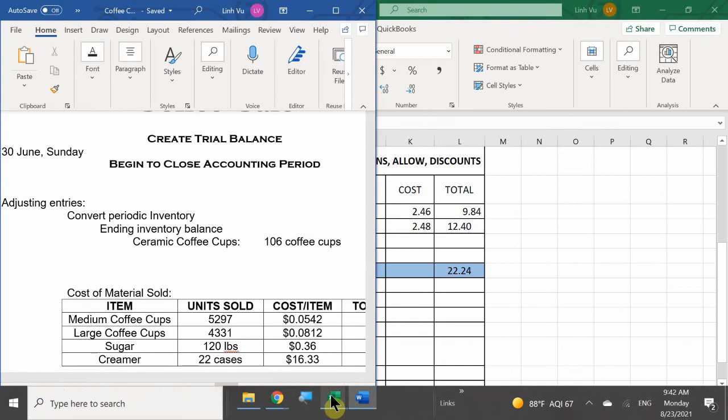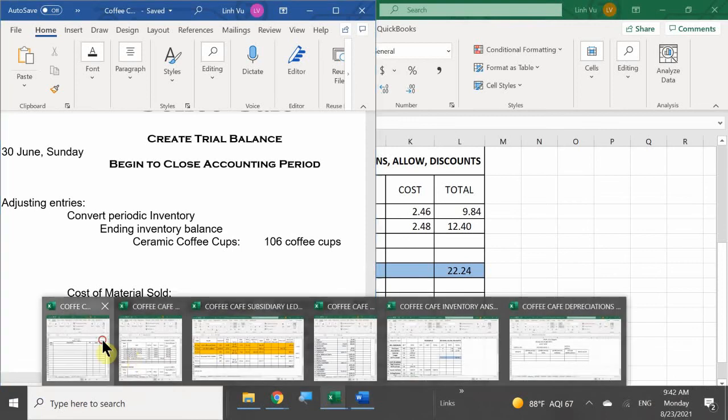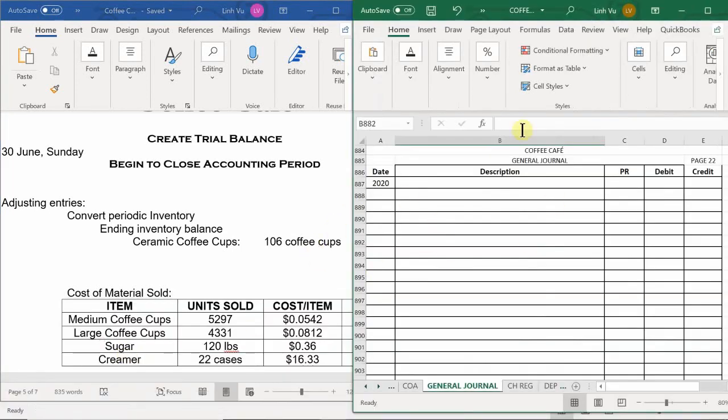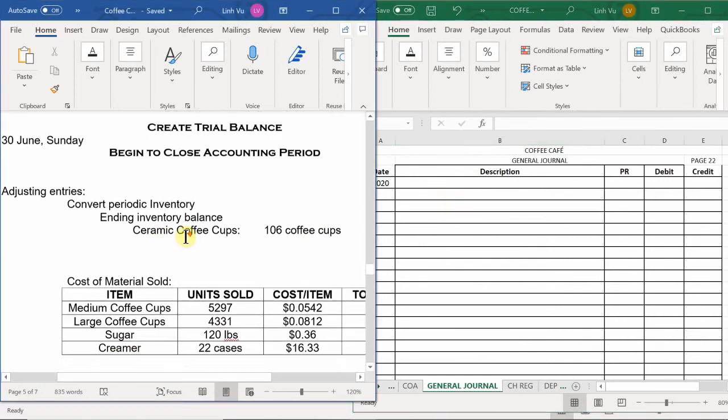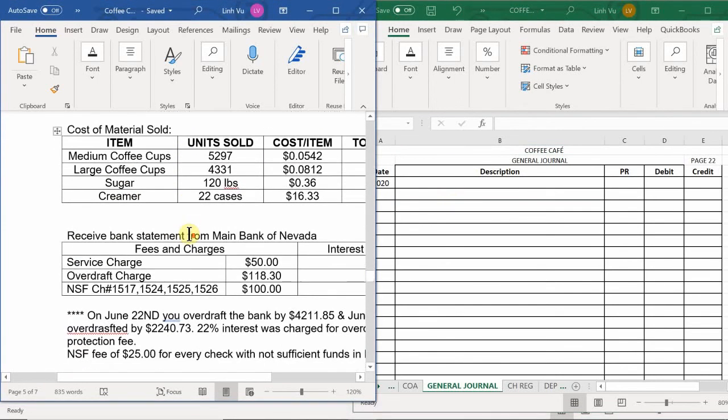So next things next here, right? So we're starting on a new page here in our journal. And let's see what happened here. So on June 30th, we decided to look at the cost of materials. So in grand total, for the medium coffee cups, right?